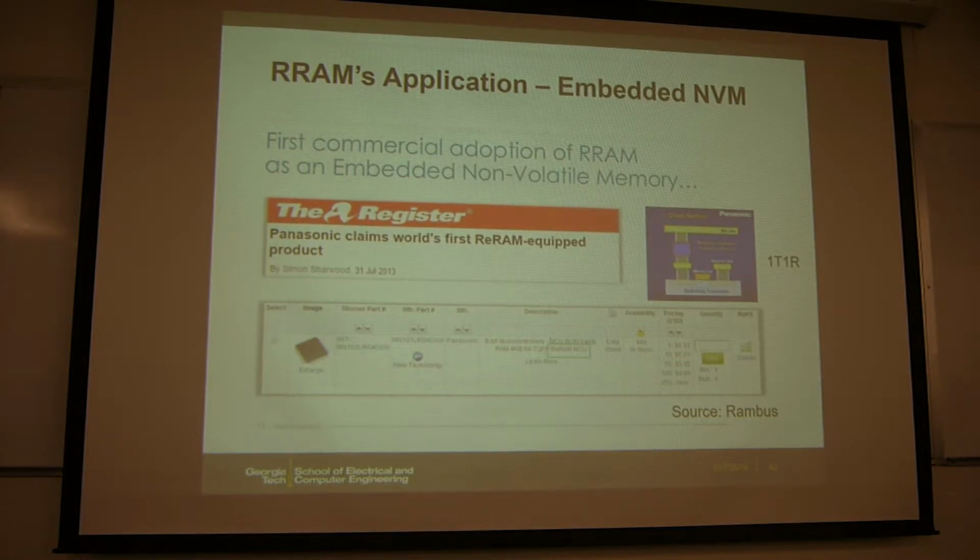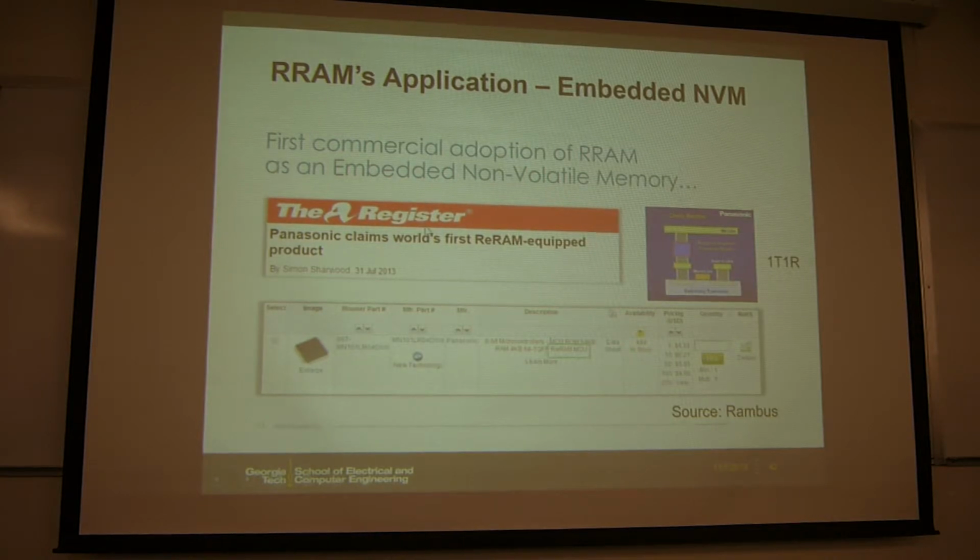But beyond the standalone memory, we discussed that embedded memory applications may be another market for the RRAM, because it is compatible with the logic process, especially at those older technology nodes.